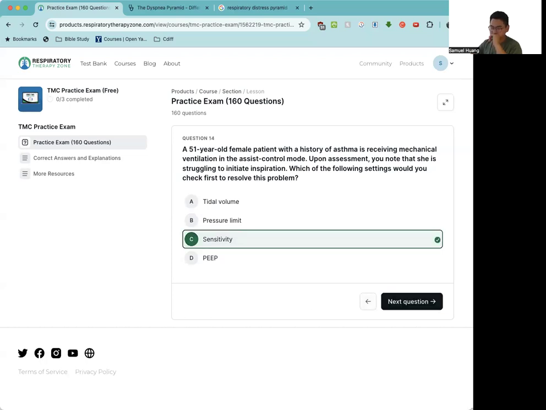So basically, what the ventilator is sensing is negative pressure. It's positive pressure ventilation that we're getting. The machine is pushing air into the individual to cause them to breathe.